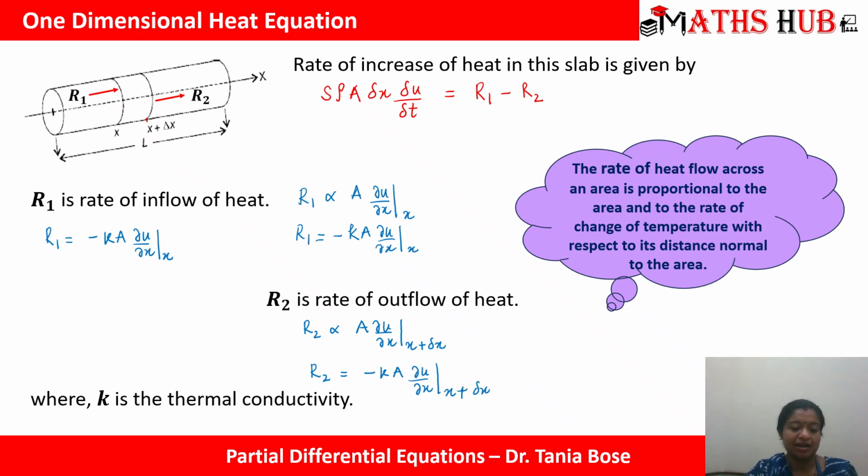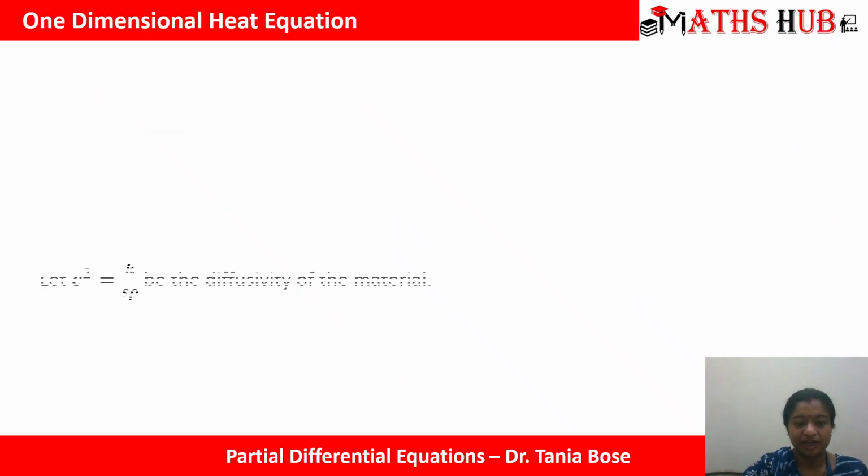So here what is K? K is called the thermal conductivity, right? So now let us place the values of R1 and R2 in this equation. So from here, what do we get?